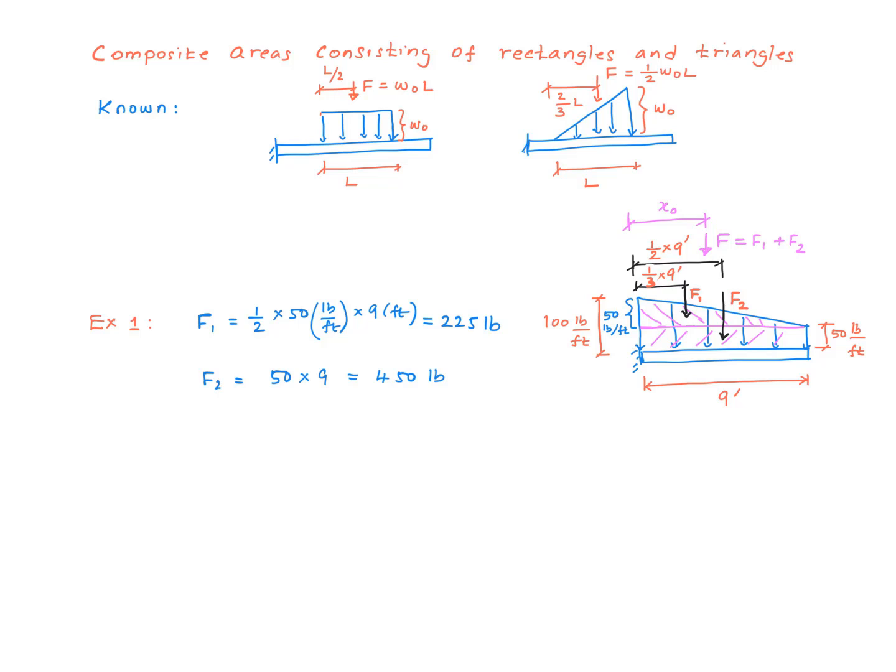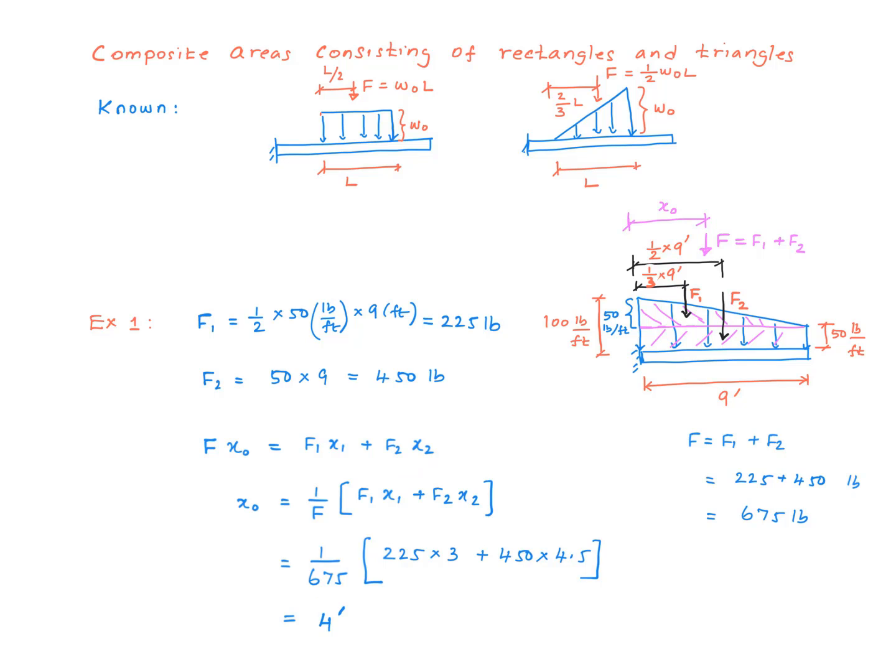So at this point, we know the magnitudes, we know the locations of each of these individual forces, right? Now you want to combine the two in order to come up with the total resultant force. So the total resultant force F would be equal to F1 plus F2, and its location, let's call it X naught. So in order to find X naught, we equate the moments one more time. So here are the calculations.